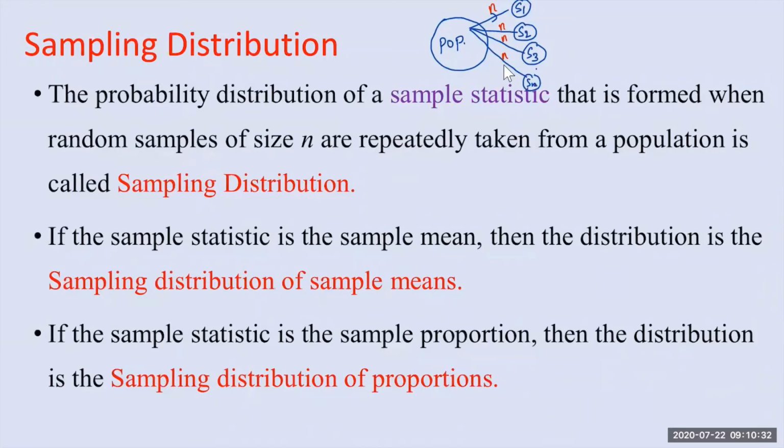Now, once we have the samples drawn here, we can calculate the statistic from the sample. Say, for example, you may calculate a mean or you may calculate the proportion. So you may calculate the mean, like the mean of the first one, x1 bar, mean of the second, x2 bar, mean of the third one, x3 bar, and mean of the nth sample, xn bar.